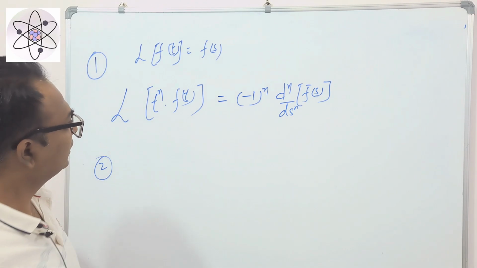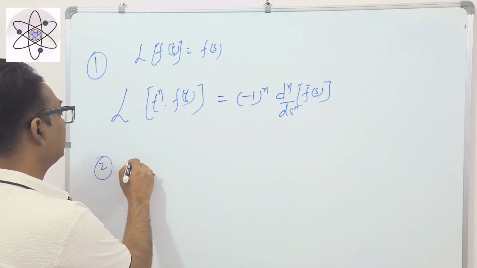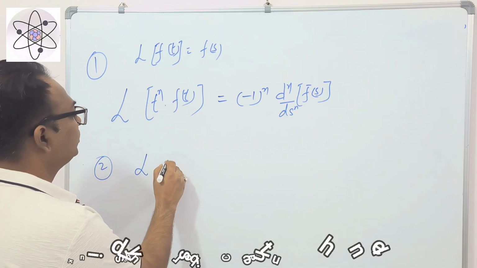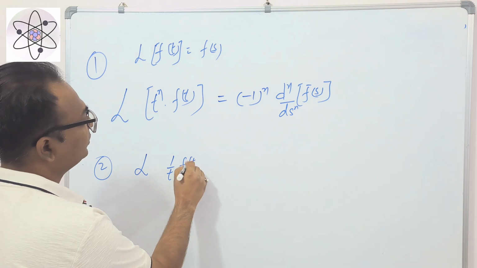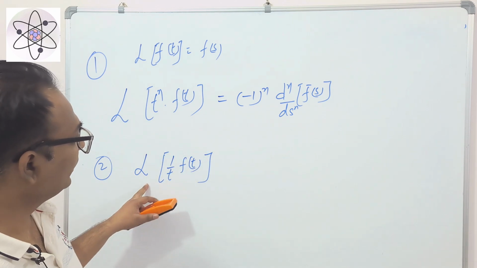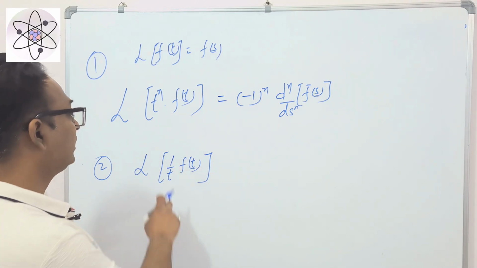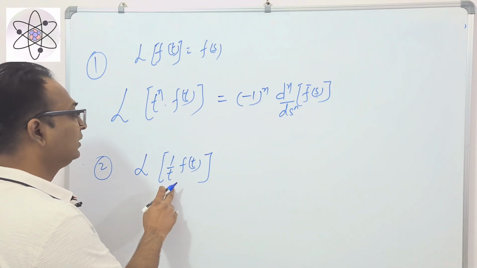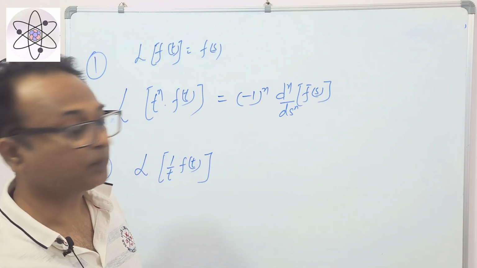We have another function which is very important, another method. What if we have to find (1/t) f(t)? We know the Laplace transform of f(t) is F(s). What if we have to find the Laplace transform of 1/t into f(t)?